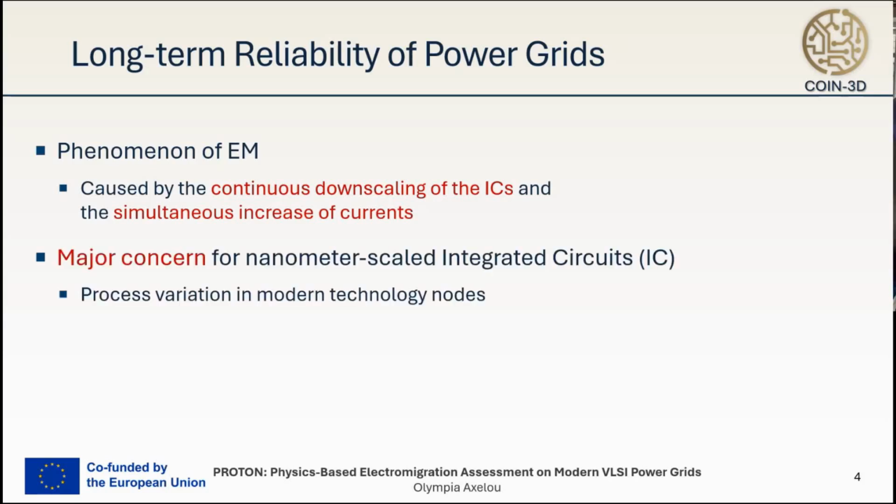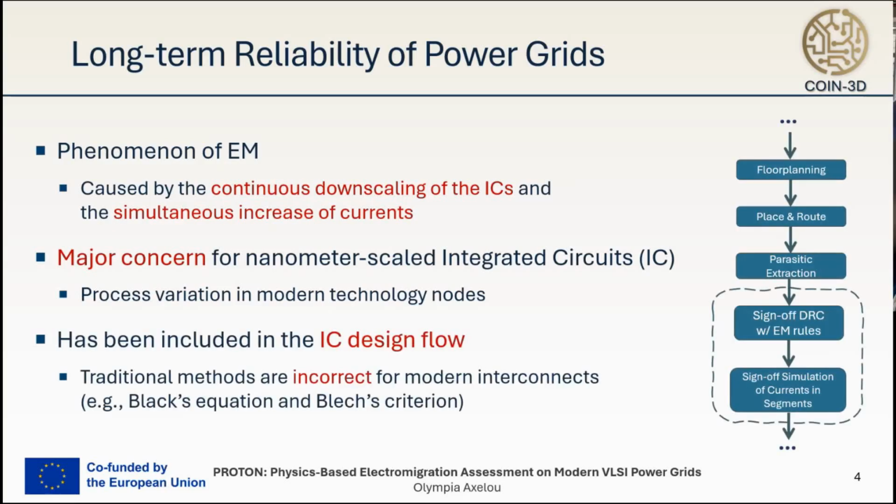It is considered a major concern for nanometer scaled integrated circuits, especially in modern technology nodes in which process variation actually affects the shape. Because of its importance on the chip's lifetime, electromigration reliability analysis has already been included in the integrated circuit design flow, although the methods used are too conservative for modern power grid networks and are based on heuristic models.